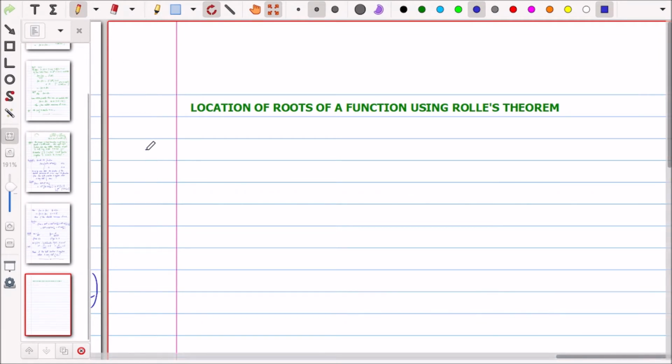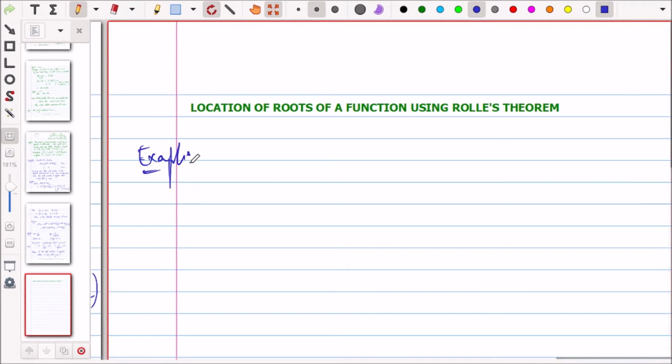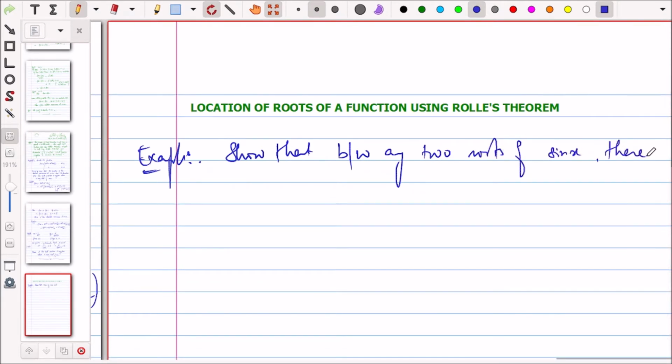So the first example is: show that between any two roots of sin x there is a root of cos x.